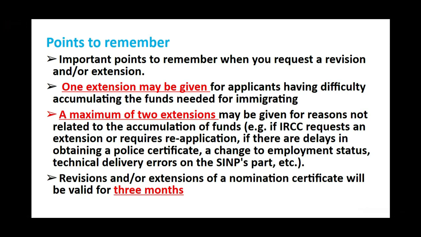A maximum of 2 extensions may be given for reasons which are not related to funds, such as if IRCC requests an extension or requires a reapplication, or if there are any delays in obtaining a police certificate, or there is any change in the employment status. And this revision or extension of a nomination certificate will be valid for 3 months.